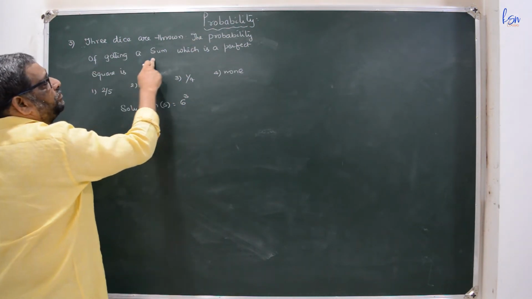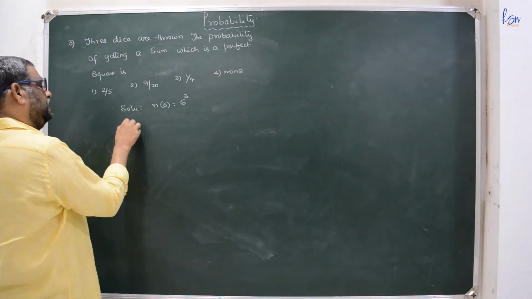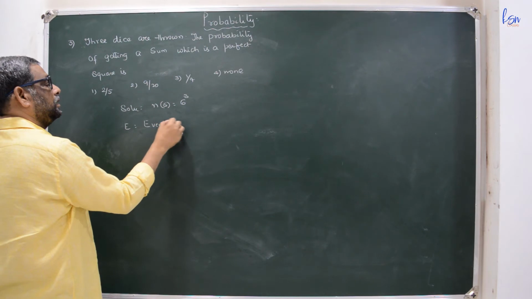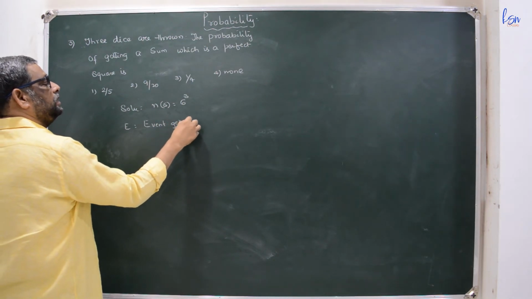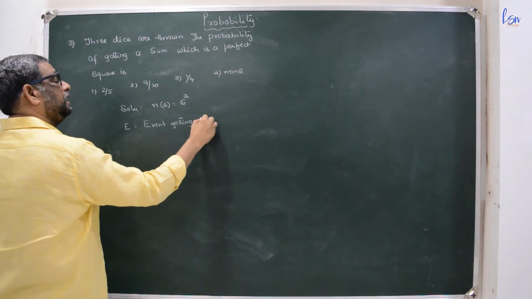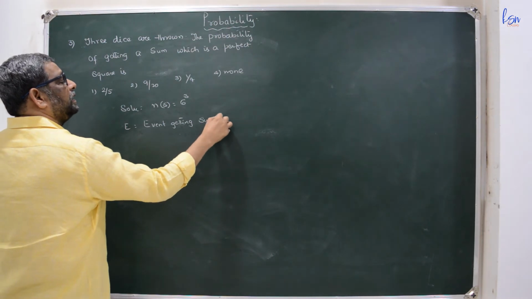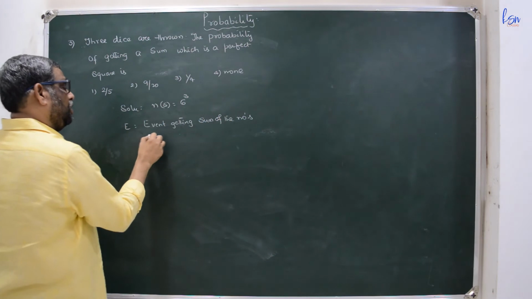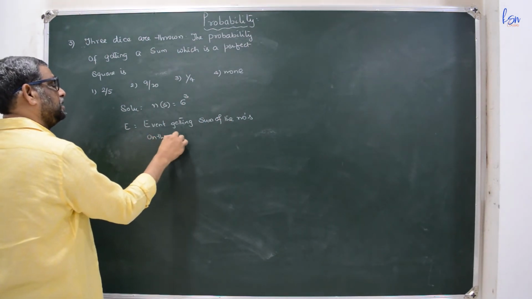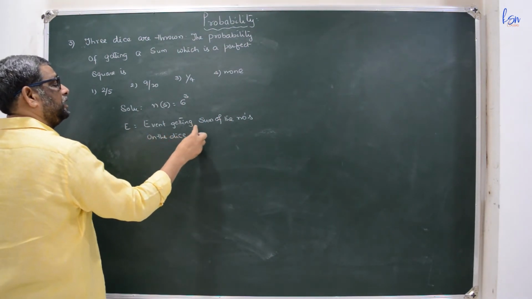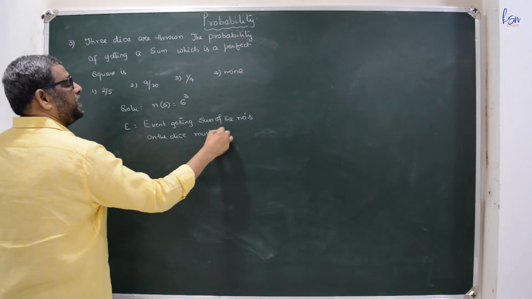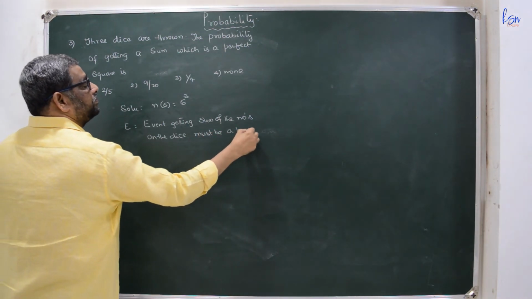Probability of getting a sum which is a perfect square. The event of getting the sum of the numbers on the dice must be a perfect square.